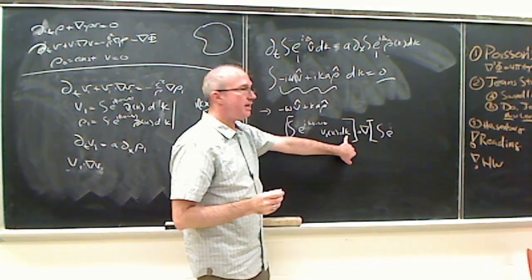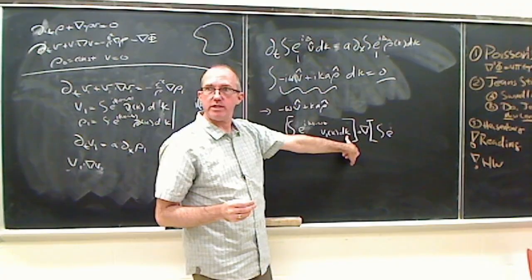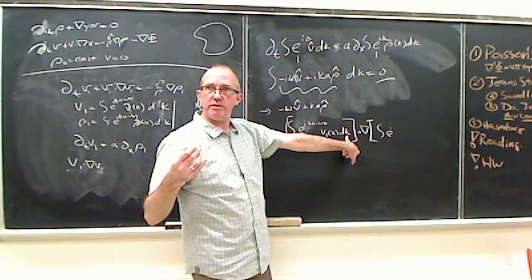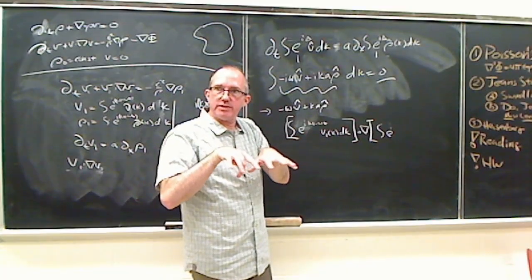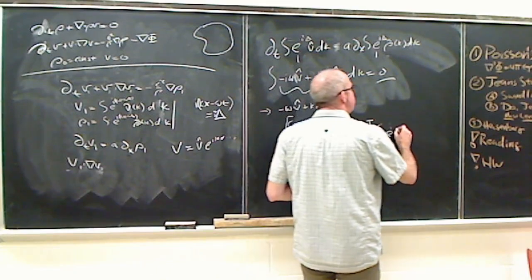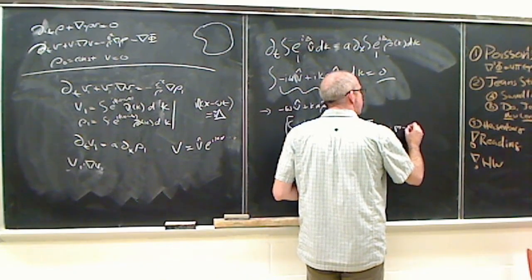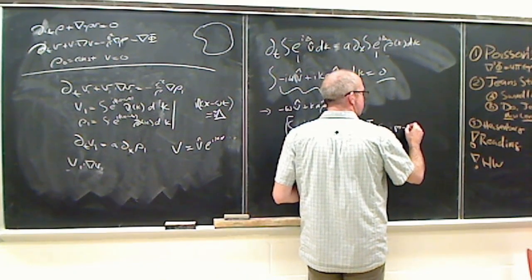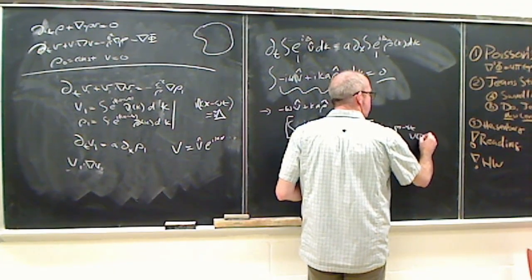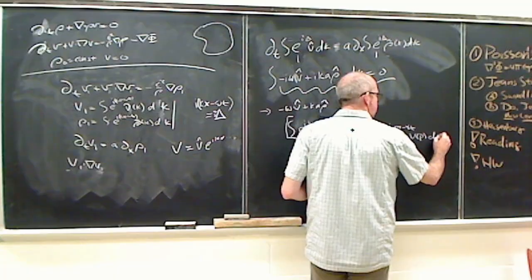I can't use k again because I'm going to mix these two equations again. If I have two integrals, the integrating variables have to be different if I'm going to multiply them together.